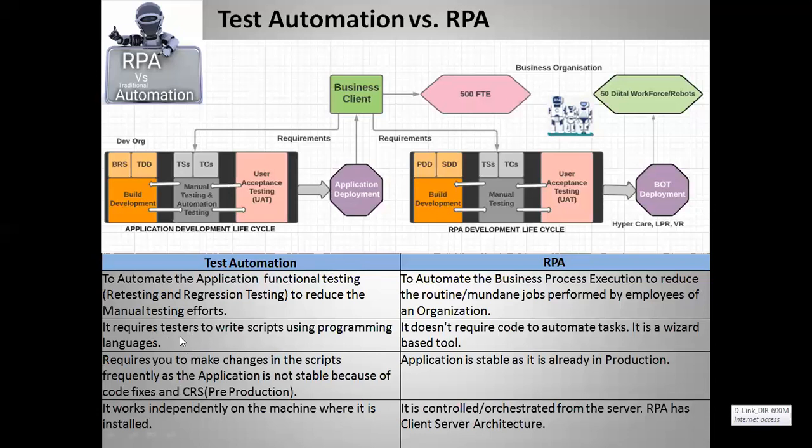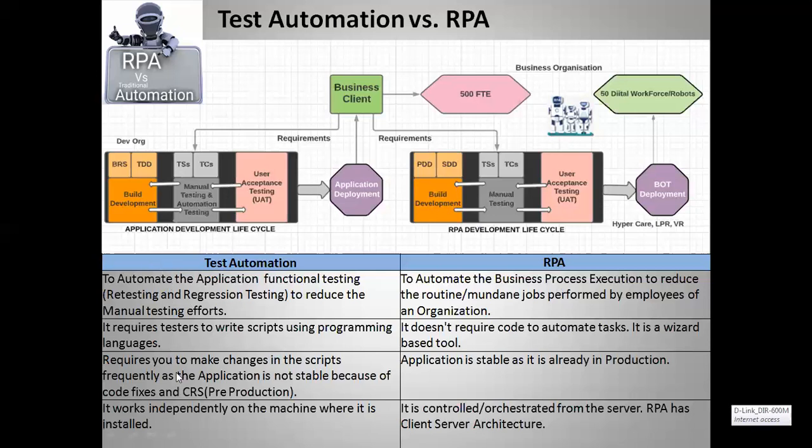Test automation requires testers to write scripts using programming languages, whereas RPA doesn't require developers to write any scripting or code. It's a wizard-based tool. You just need to drag and drop the activities on the canvas and configure them.